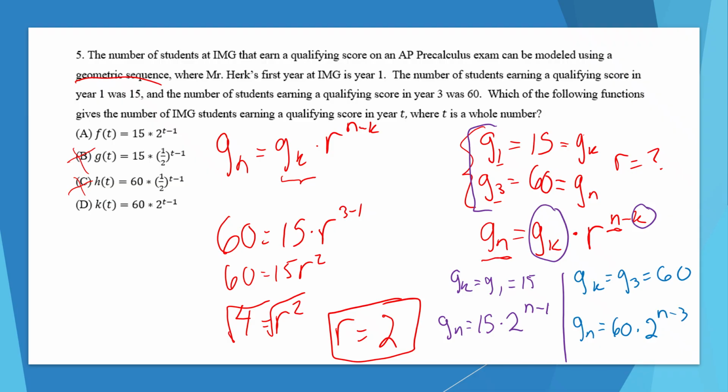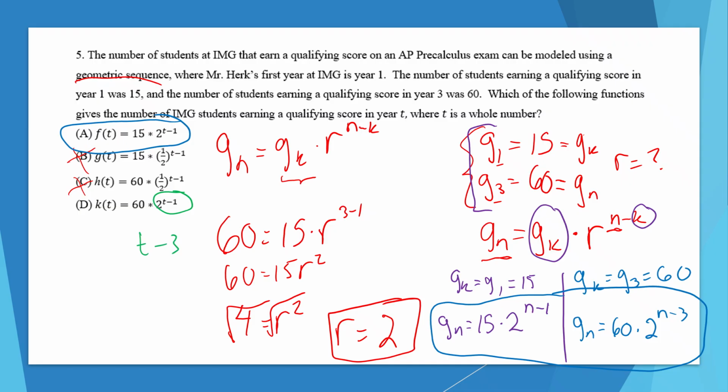Looking at these, A is the one that correlates with one of those two, because both of these are the same. If we wanted D to be the correct answer, it should be t minus 3, similar to n minus 3, not t minus 1. So that is why A is our correct answer.